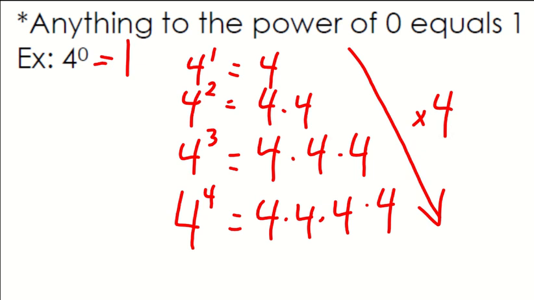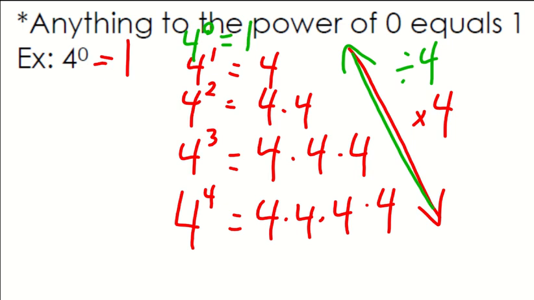In math, as I've said before, if you go the opposite direction, you're doing the opposite type of math. So if we're going this way, we're then dividing by 4 each time, right? So if I go up one more, the 0 would be, and what's 4 divided by 4? 1.